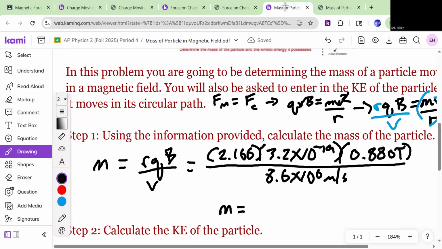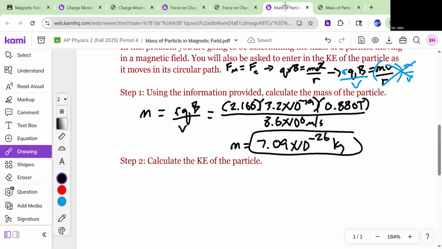Let me just try that one more time. 2.166 times 3.2 times 10 to the negative 19 times 0.88. Okay, divide that by 8.6 times 10 to the 6. All right, I'm getting 7.09 times 10 to the negative 26 kilograms. It's about right for a particle size.